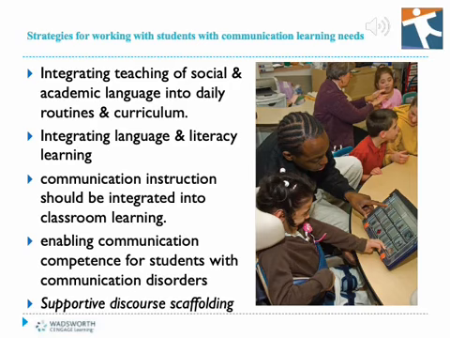You also want to integrate language and literacy learning. Now, since reading, writing, listening, speaking, and spelling all share communication as their purpose, communication instruction should be integrated into classroom learning. For students with communication disorders, the goal for instruction is always enabling communication competence.